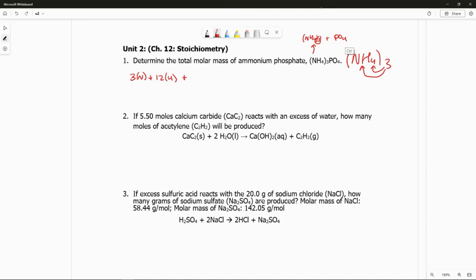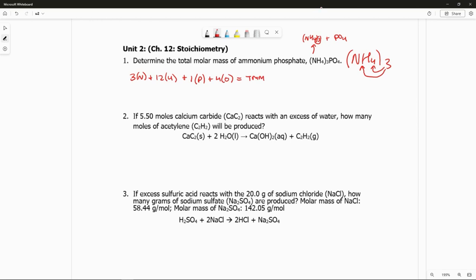If PO4 has 1 P, we're going to have 1 P and 4 oxygens. This will be the total molar mass.